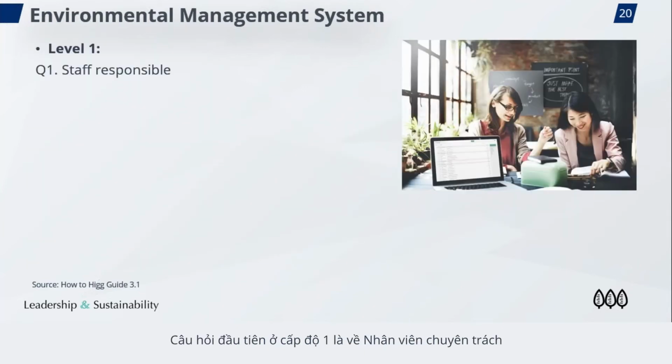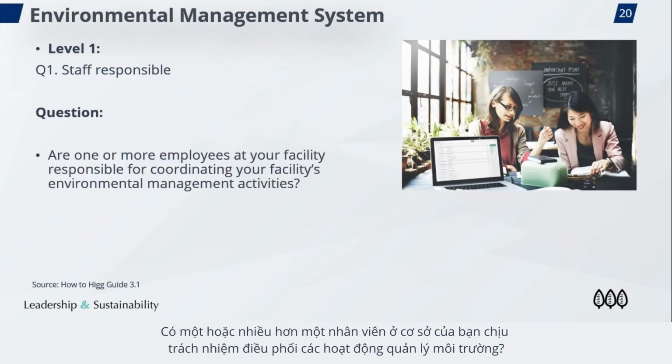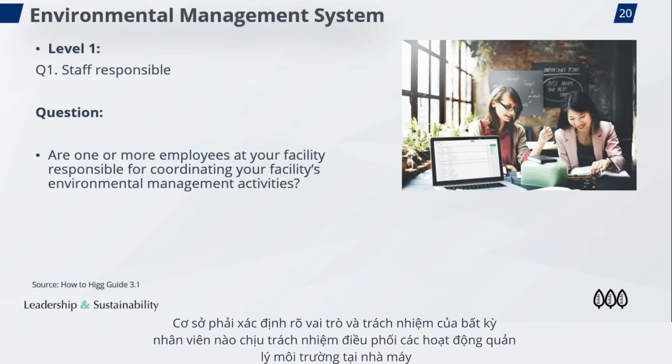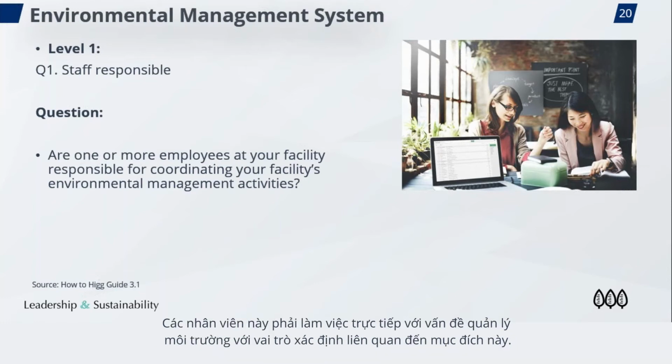The first question at level 1 is about staff responsibility. Are 1 or more employees at your facility responsible for coordinating your facility's environmental management activities? Facilities should have clearly defined roles and responsibility for any staff responsible for coordinating environmental management activities at the facility.